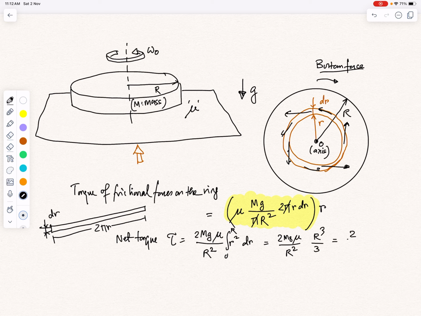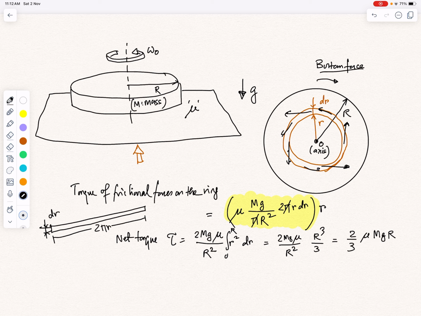So that is 2 by 3 mu mgR. That's it. Yeah, so that's the torque. So 2 by 3 mu mgR.